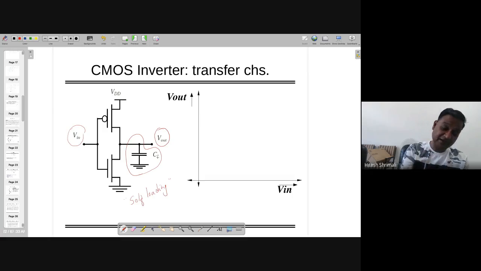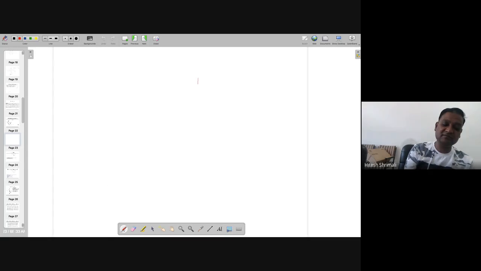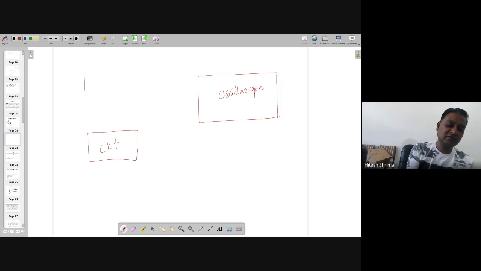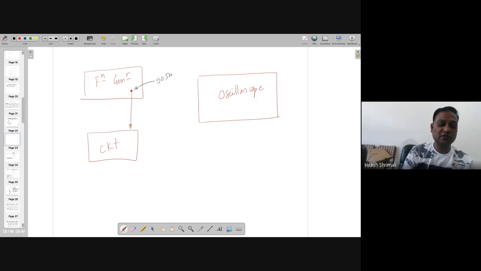Now, it depends on the fact that you are going to see your circuit on an oscilloscope. So if this is your circuit, you might have a function generator. When you connect from the function generator, this particular circuit is going to see a 50 ohm load, because that is the setting you are making in the function generator as output utility.